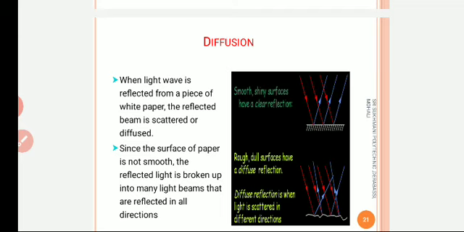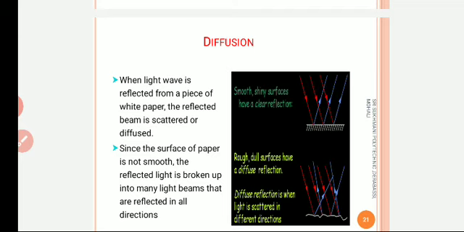So the upper portion, which has a clear surface, the incident light will be converted into the reflected light with clear-cut angles and it will go straight.